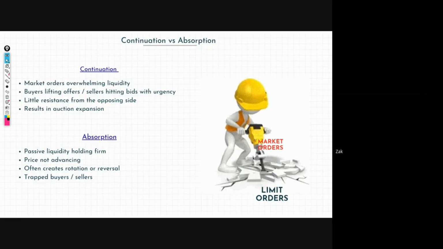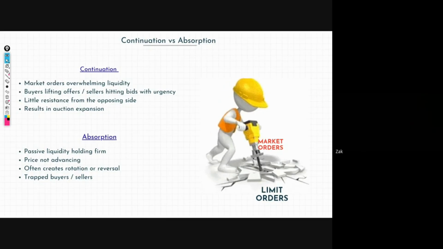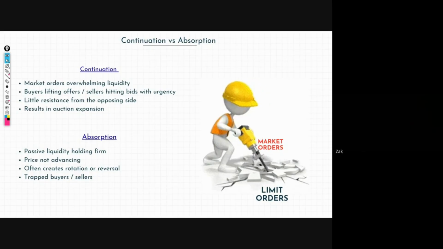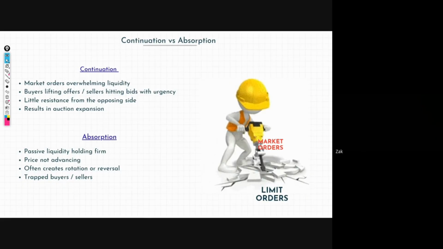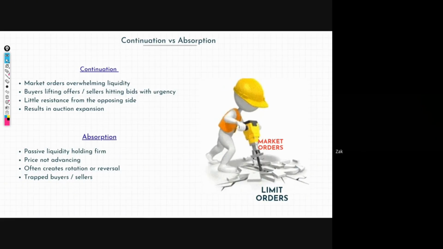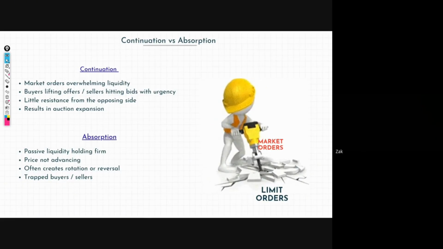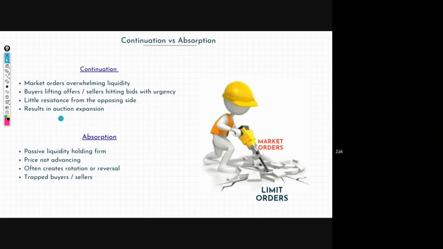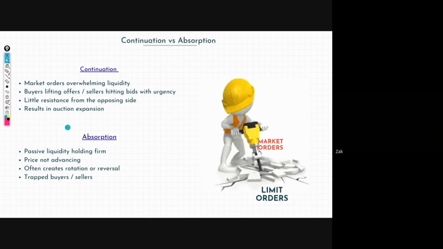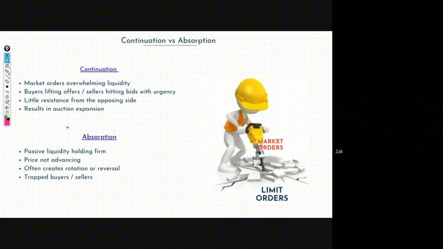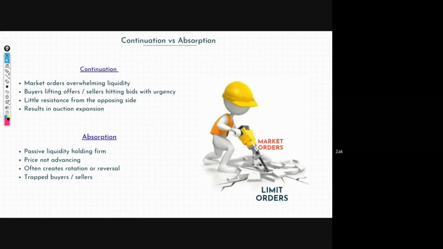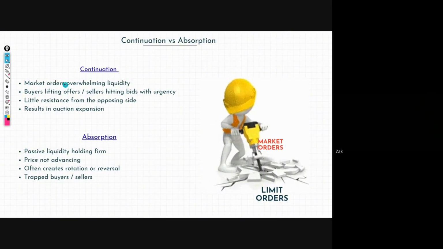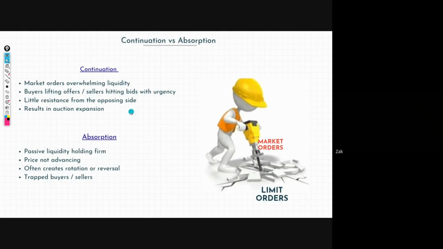So in a scenario where it's trending up, you often hear people say the buyers are lifting the offer, sellers are hitting the bid, there's urgency, there's little resistance from the opposing side. And we'll get into this in a little bit. This is a pretty cool concept, but the market structure is in a phase where it's breaking out, it's expanding. This is where you'll usually see this continuation order flow.